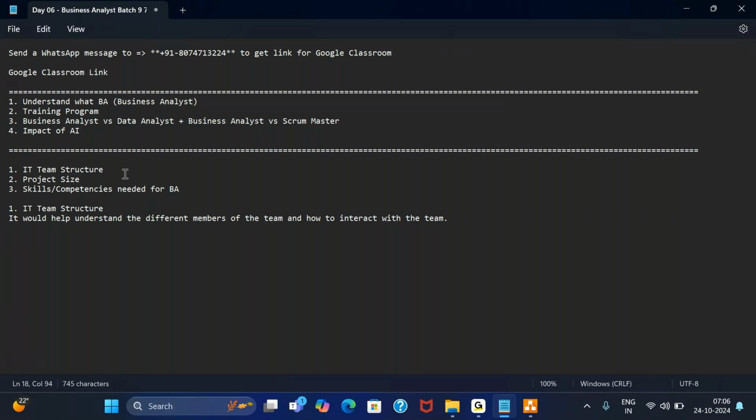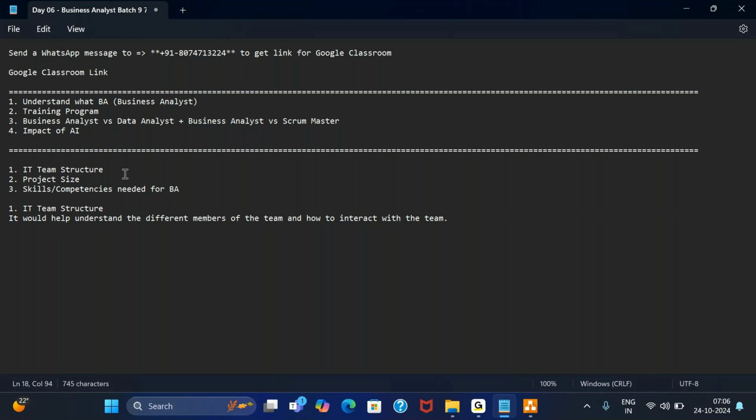So it will be overwhelming at times to learn so many things together. If you build the basics, we just have to focus on the BA skills alone at later stages.